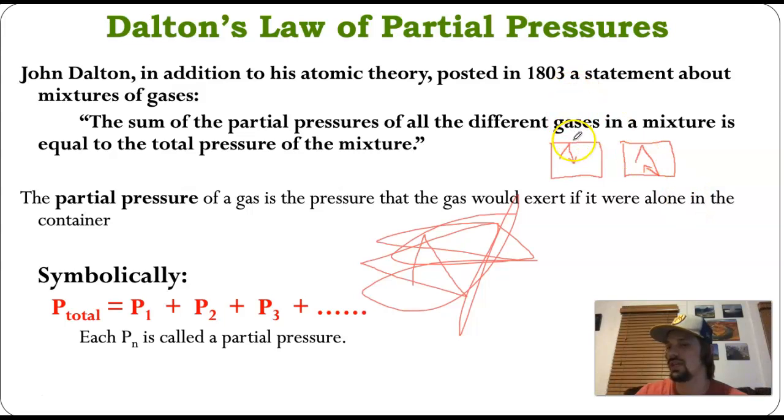So individually, this kindergartner hits a wall once an hour on average. This kindergartner on average hits 2 walls an hour. He's moving a little faster, a little more chaotically. What if I put them both in the same room?